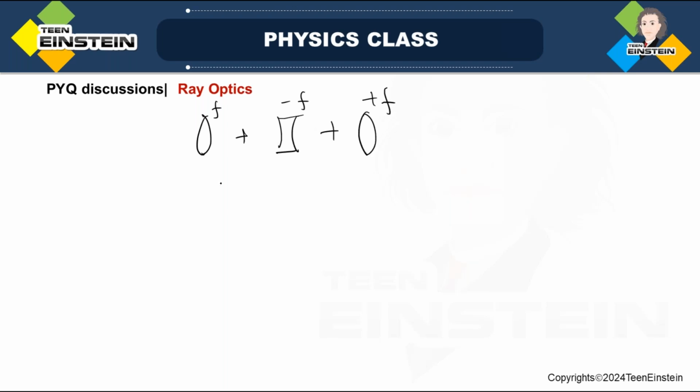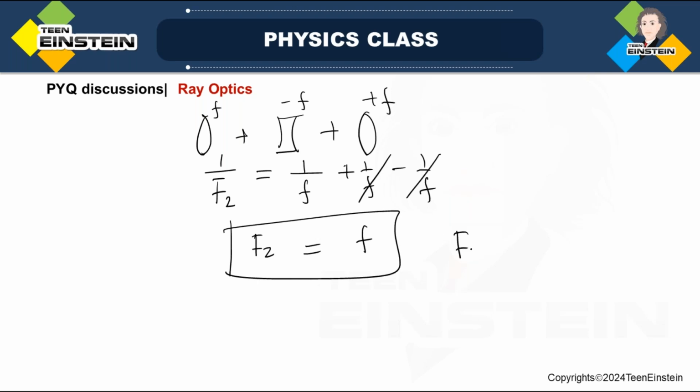So in the combination, I have 1 by f2 is equal to 1 by f plus 1 by f minus 1 by f. So these two will actually cancel each other. So f2 will be only f. So I have to find out the ratio of f1 by f2, that is f by 2 and this is f.